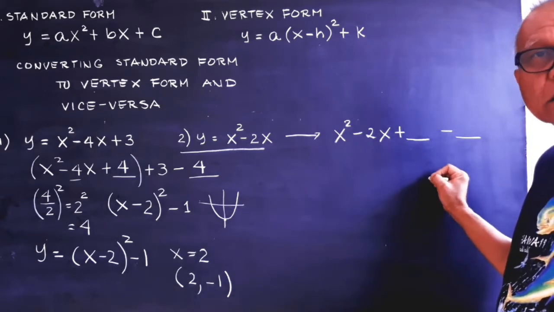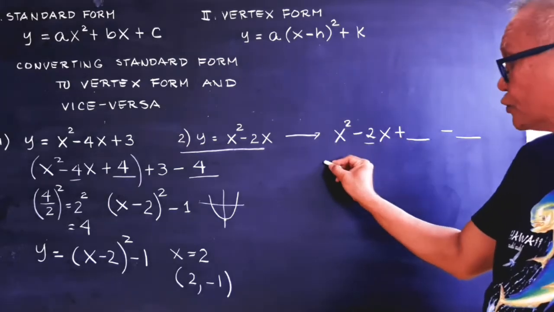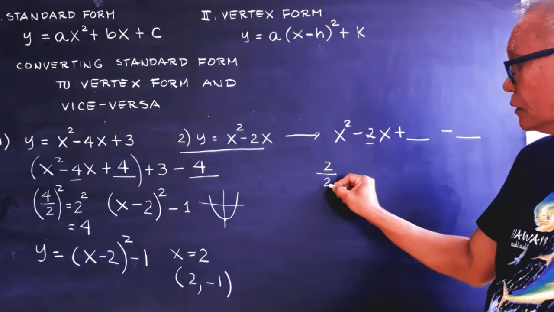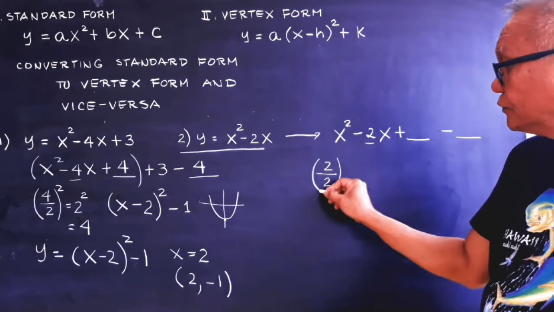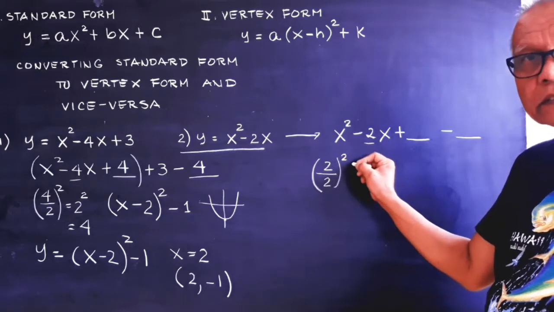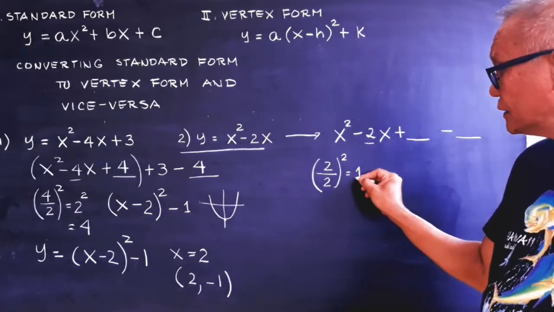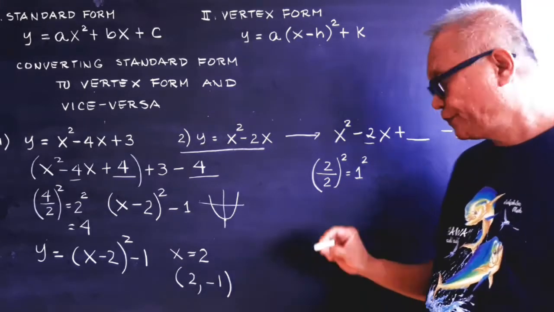we are adding 0. So get this one, 2 divided by 2. 2 is always there, here. And then don't forget to square it. So 2 over 2 is 1, raised to the second power is 1.